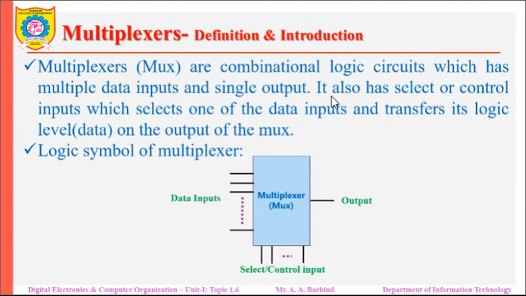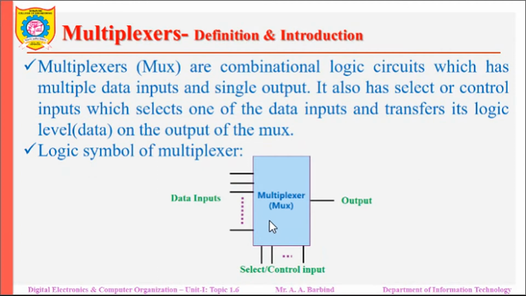It has also select or control inputs which select one of the data inputs and transfer its logic level or the data to the output of the multiplexer. The logic symbol of the multiplexer is as shown in this particular figure.